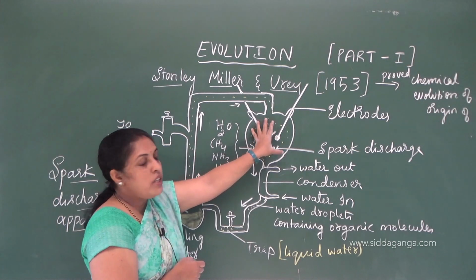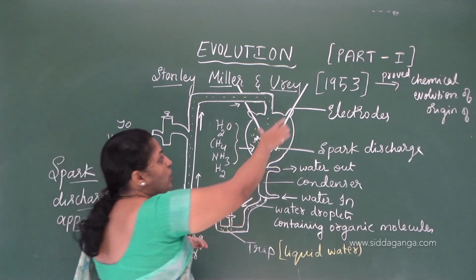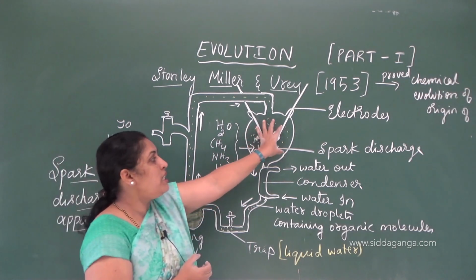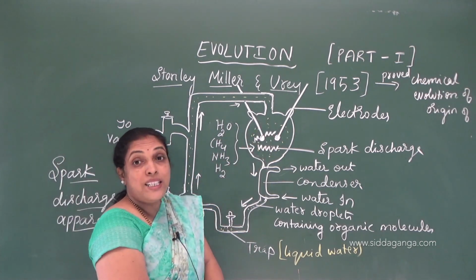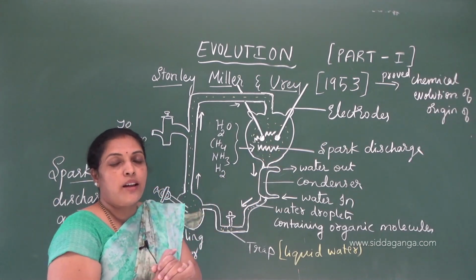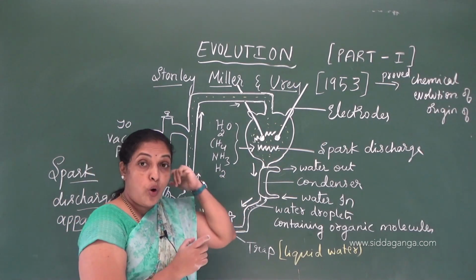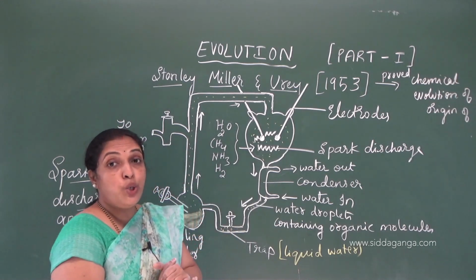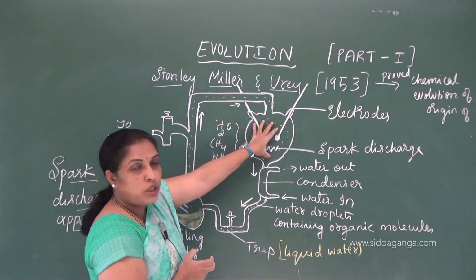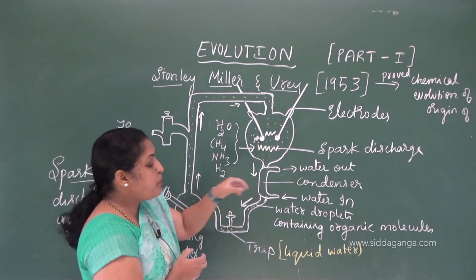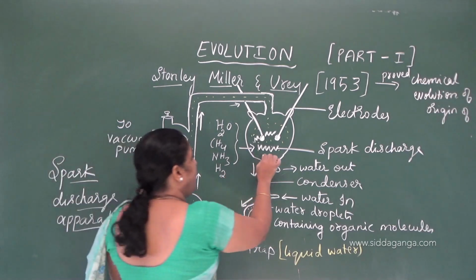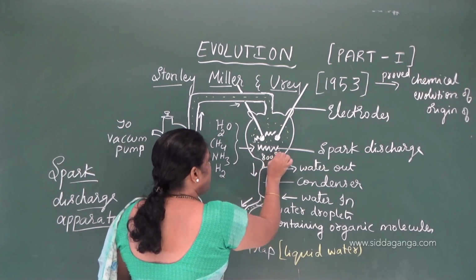In this spark discharge chamber, by introducing tungsten electrodes, they get the electric discharge. This acts like lightning and thundering which occurred on the primitive earth. These electrodes also help to maintain a high temperature, nearly 800 degrees Celsius.